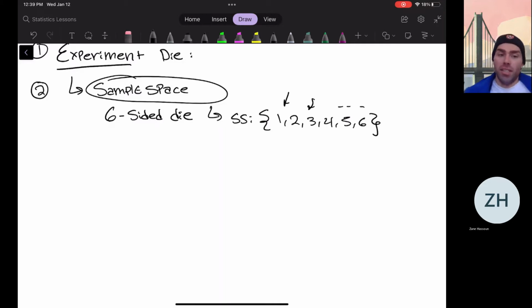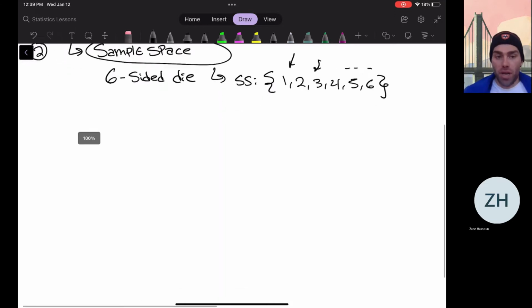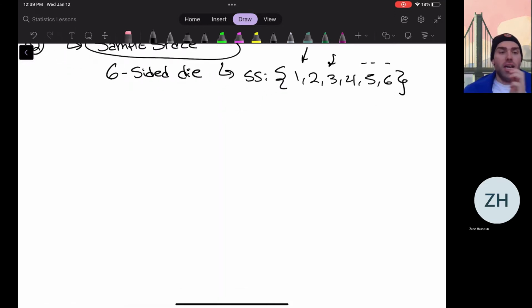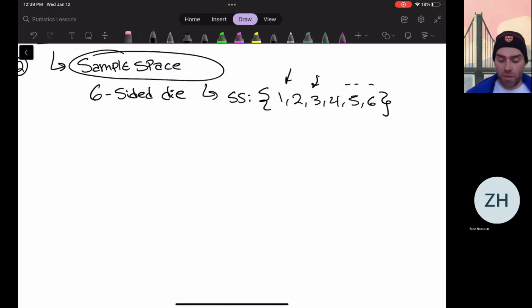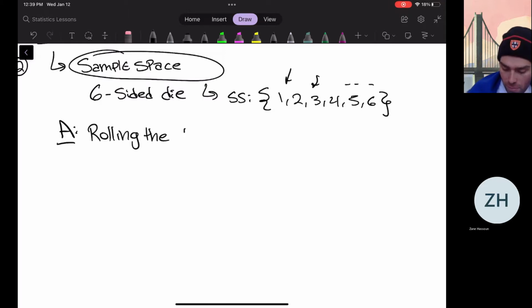Each of those options is called an elementary outcome or a simple event. An event is a set of the elementary outcomes possessing a designated feature. For example, with our die, these types of sample spaces could be finite, as in rolling a die 1 time, 2 times, 3 times. Or you could have this event that we have defined: A would be rolling the die and getting 6 three times.